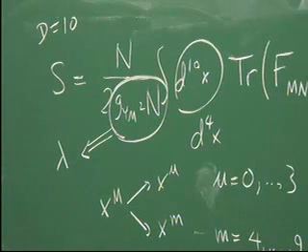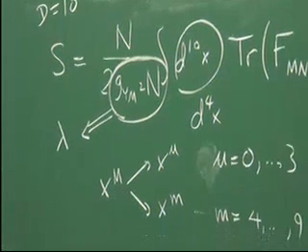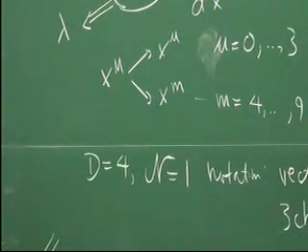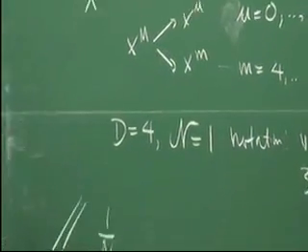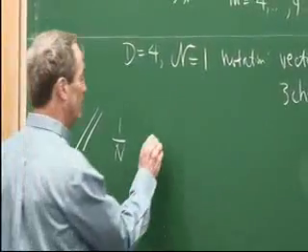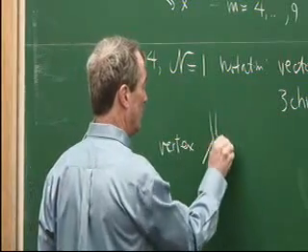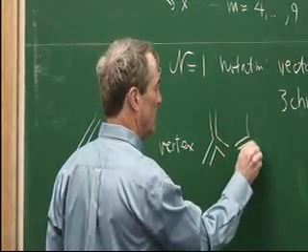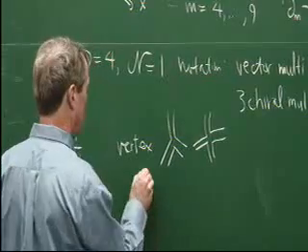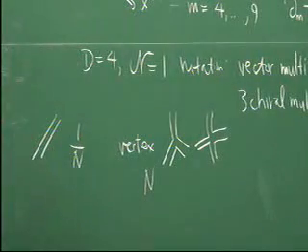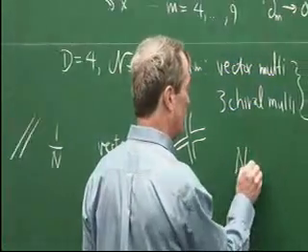But because there's an N in front, now we're talking about just how things depend on N. At fixed λ, each propagator has a 1/N. Each vertex coming out of the action has an N. And when you use the double line notation for an adjoint, there's an N for each index loop.